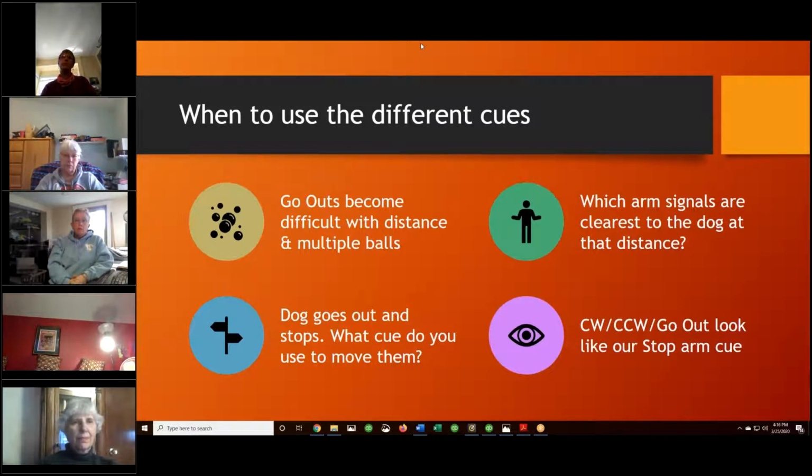In many of our sports we're working pretty close, even in obedience, but in agility we're mostly pretty close. But when that dog's 50 feet away and having to really discriminate what we're saying, oh wow, words start getting special.